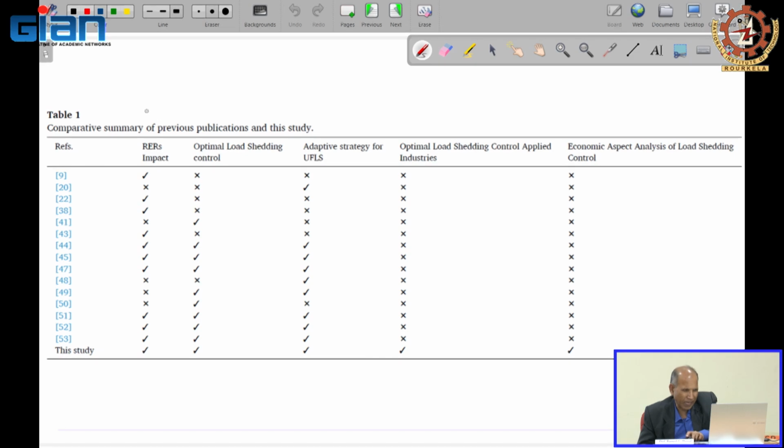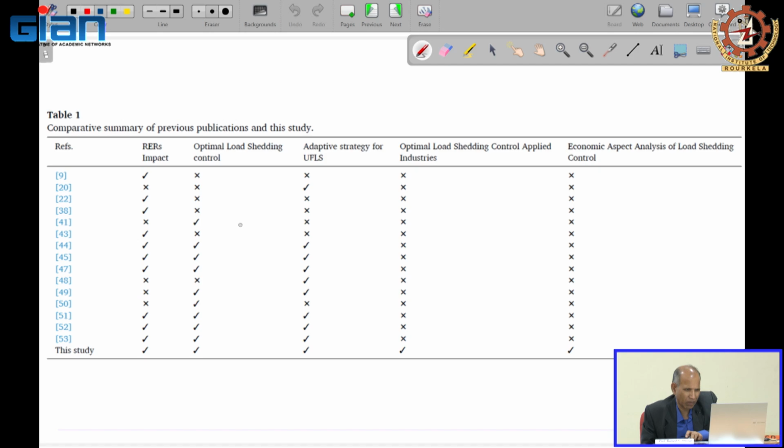The major aspects dealt with are renewable energy resources impact, optimal load shedding control, adaptive strategy for the under frequency load shedding, optimal load shedding control applied to industries, and economic aspects analysis of the load shedding control.